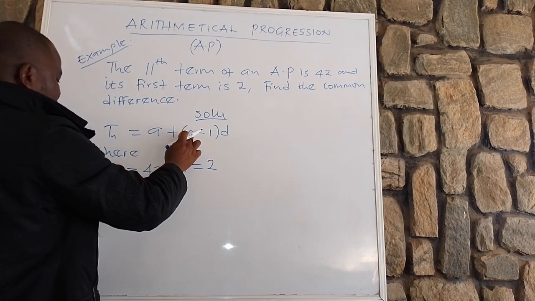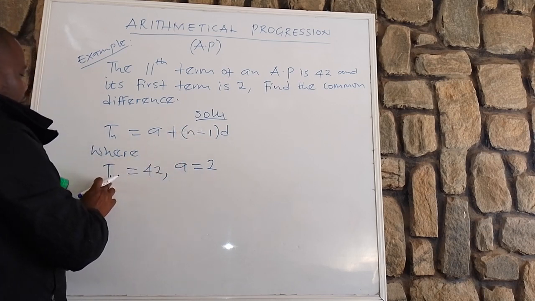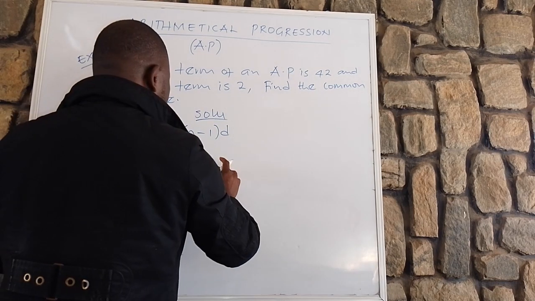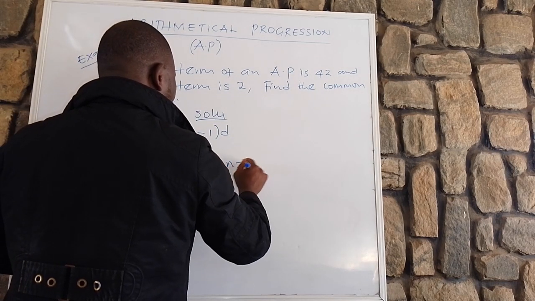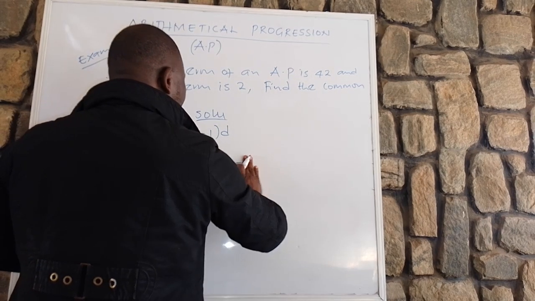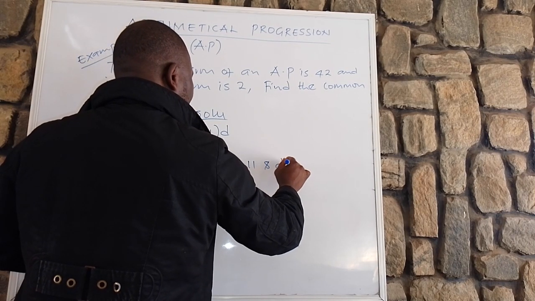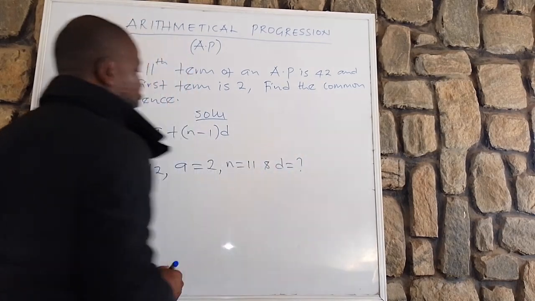Our n is 11, and d, the common difference, is unknown.